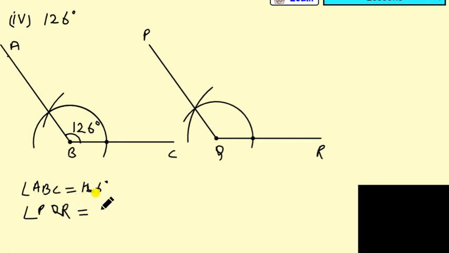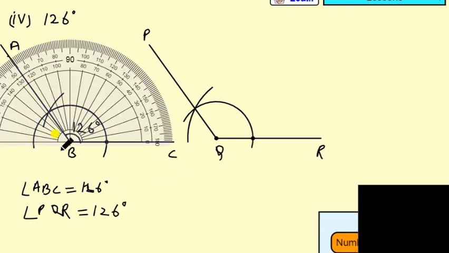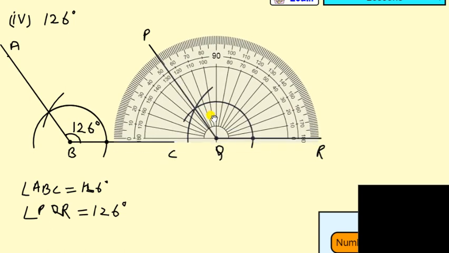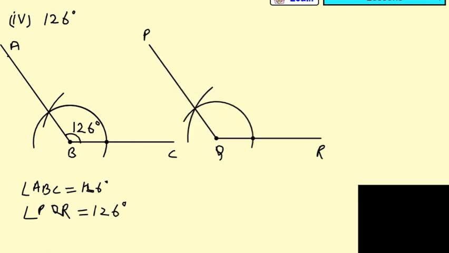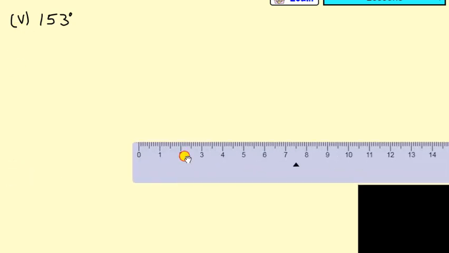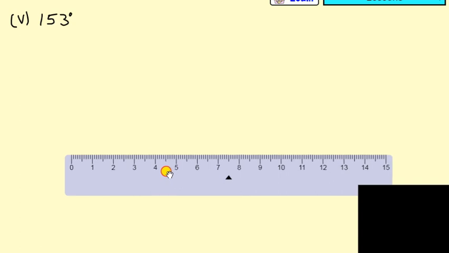Now the fourth one is 126 degrees. So let us see how we can do it. Here is 120 and that one is 126.